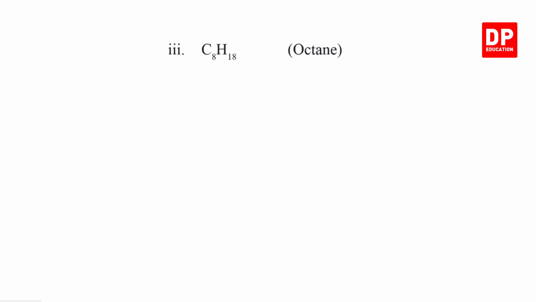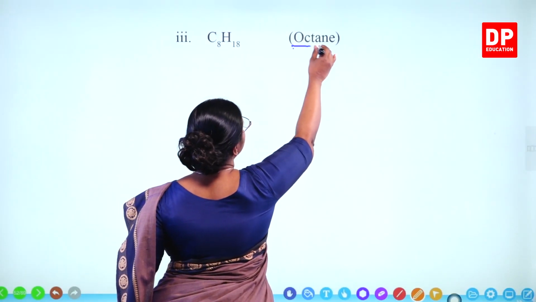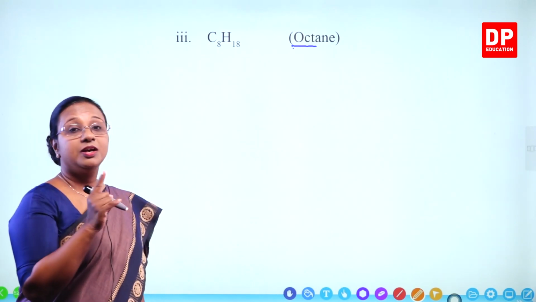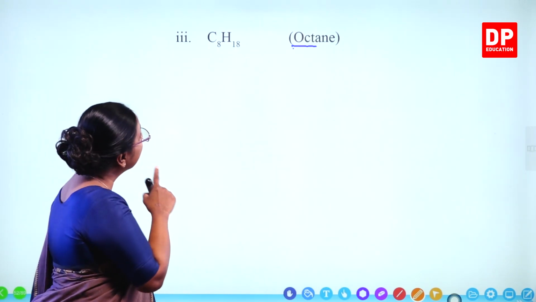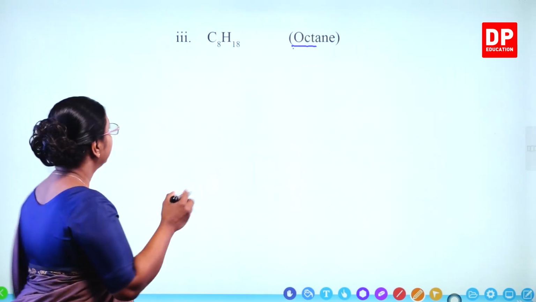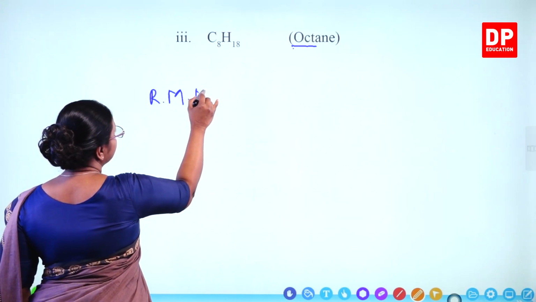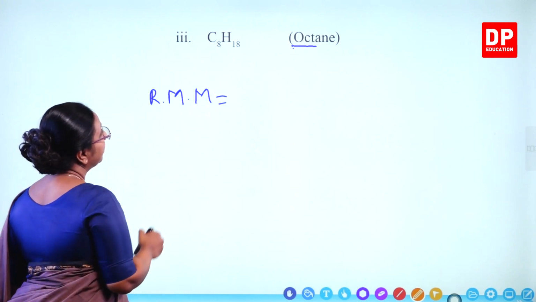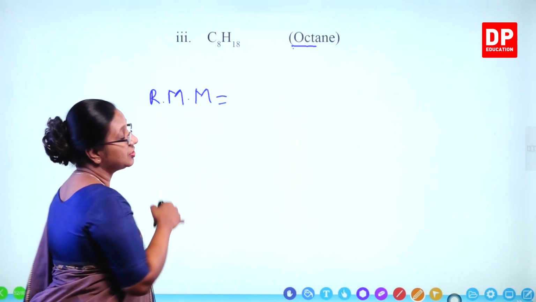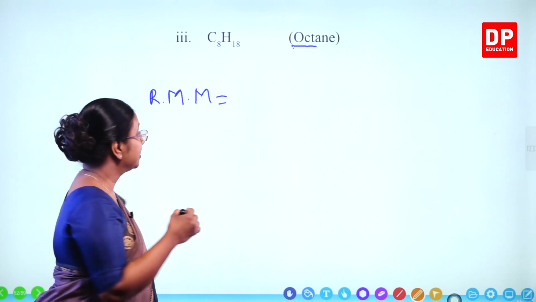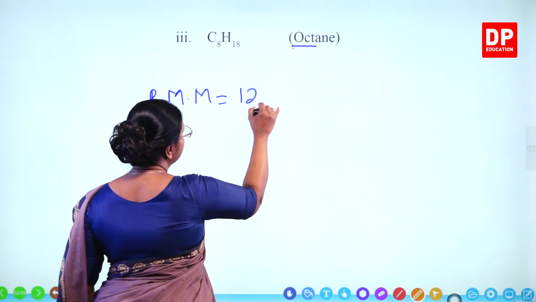Then the next one, C8H18, octane. So here you can remember, students, the name oct is 8. We need to calculate the relative molecular mass. So now I am not going to rewrite the chemical formula because it's already there. What is the relative atomic mass of carbon? 12.